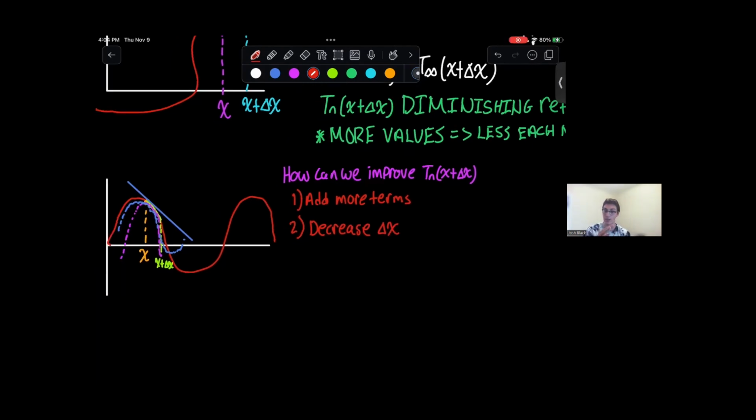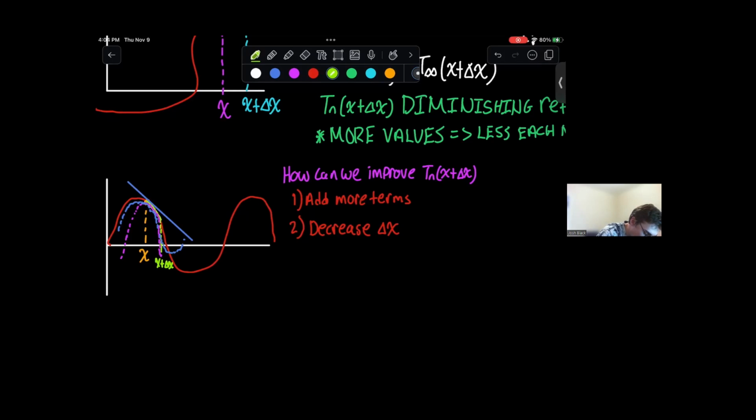When I drew that line, my delta x was small. And then I drew that line and it was a pretty good approximation. But then when I made that x plus delta x value further away, so I increased delta x even more, and that line approximation wasn't as good. So if I make delta x super duper small, we can say that our first order Taylor polynomial would probably perfectly fit.